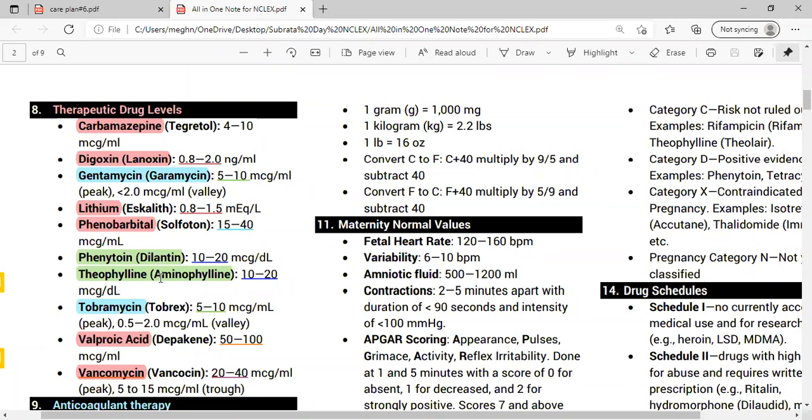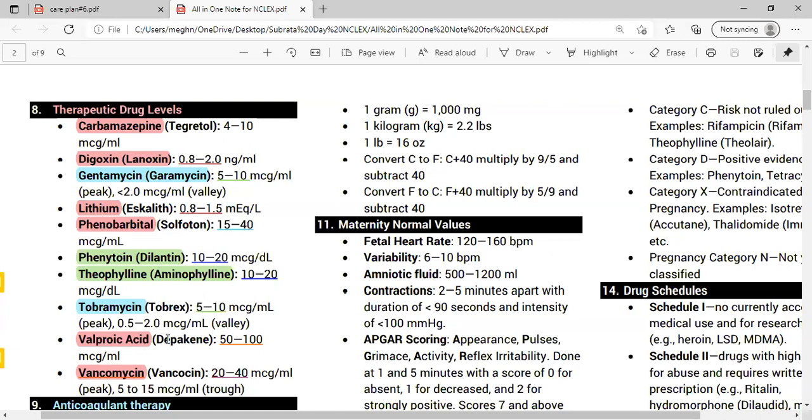And theophylline or aminophylline, which we use as a bronchodilator, is 10 to 20. So it is easy to remember: phenytoin and theophylline therapeutic drug levels are the same. And tobramycin is 5 to 10.